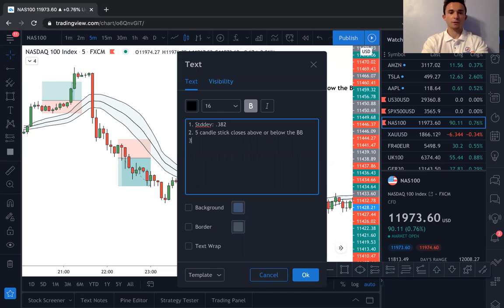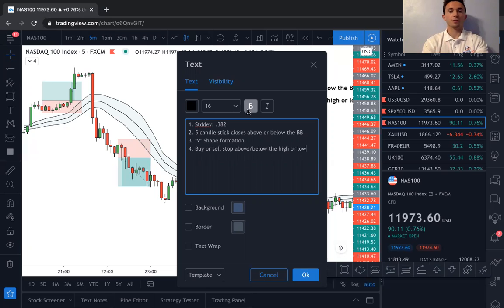And then you want to look for, I'm going to say, a V shape formation, and I'll explain what that means. And then you want to take a buy or sell stop above or below either the high or low.